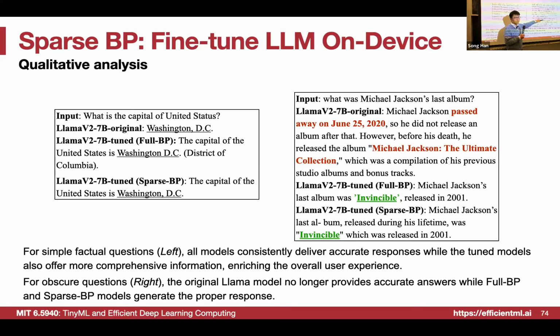The model fine-tuned with full backpropagation correctly answers Invincible, and the one fine-tuned with sparse backpropagation also says the last album released during his lifetime was Invincible, which was released in 2021. So for obscure questions, the original Llama model no longer provides good answers, while sparse BP can pretty much match the accuracy of full BP.